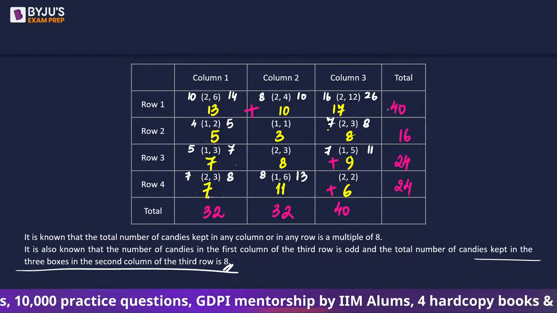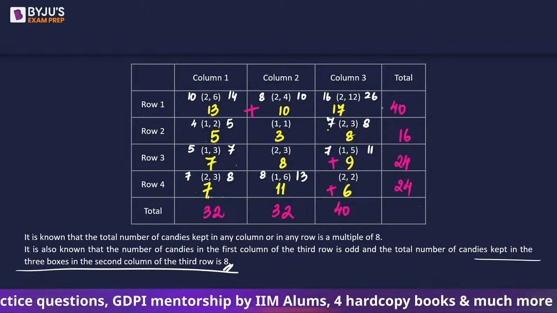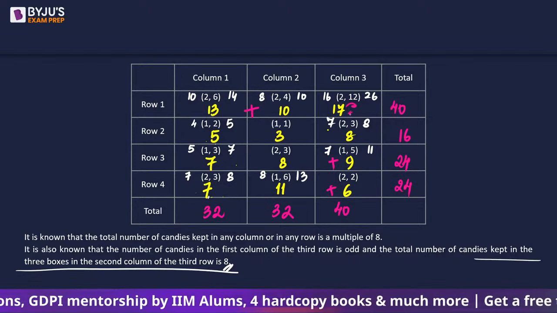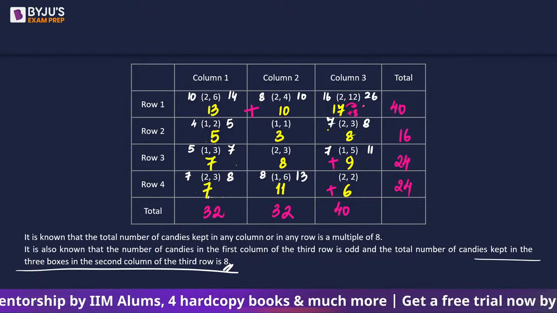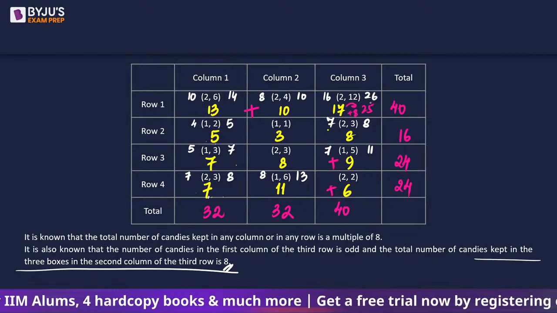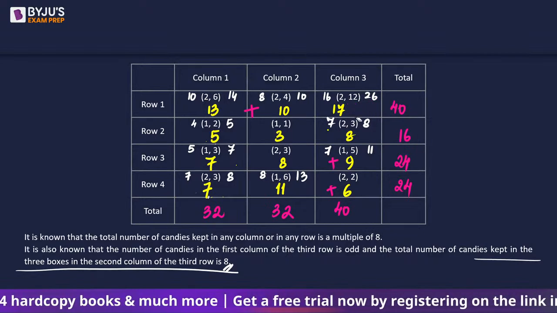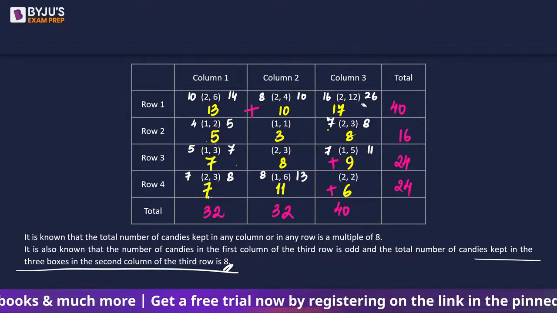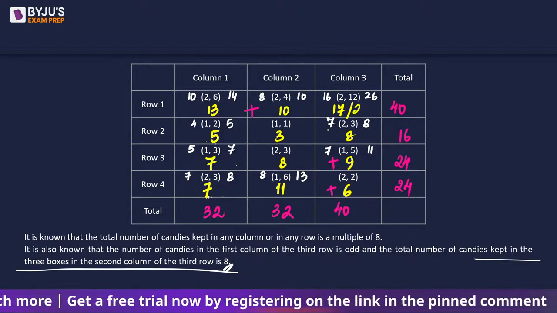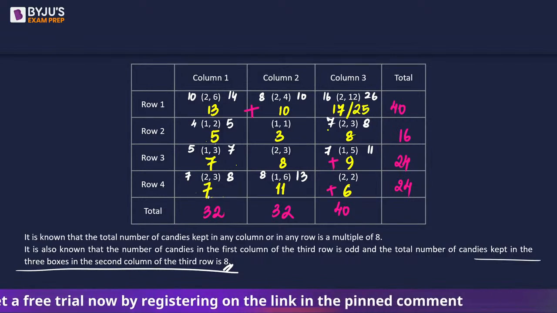Can we have 48? 48 would mean I will have to increase this by 8. 17 plus 8 is 25. We will be in the range. So 26 तक जा सकते हैं ना. We can go up to 26. So we can have 17 or 17 plus 8, 25.